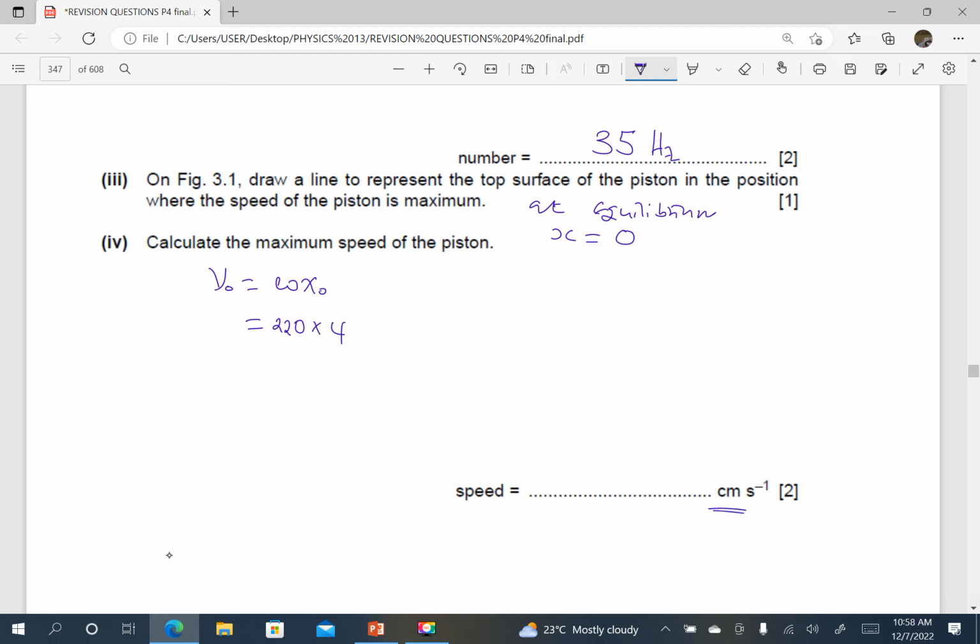Since they want the answer in centimeters, I will not change. So it will be 220 times 4 centimeters, and without even pressing the calculator, it is 880 centimeters.